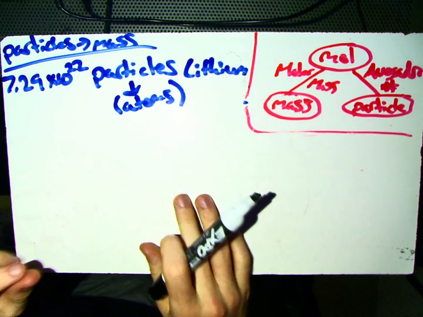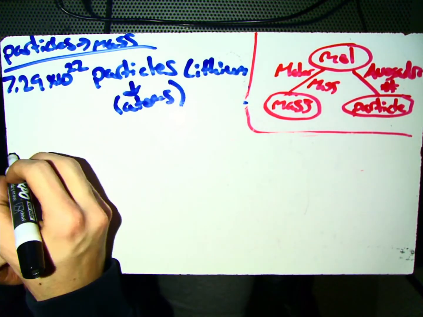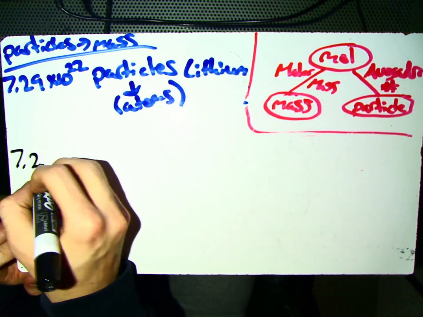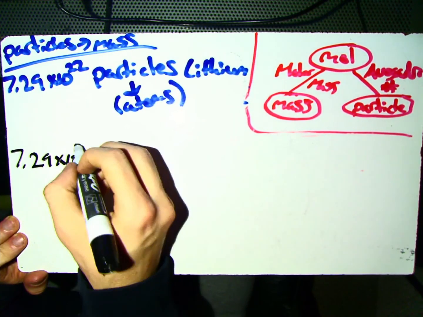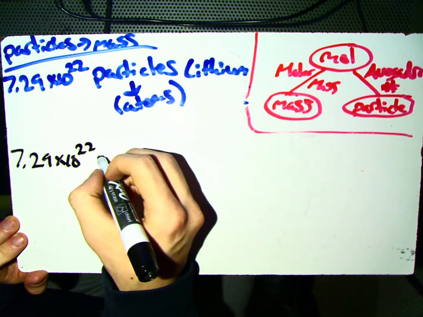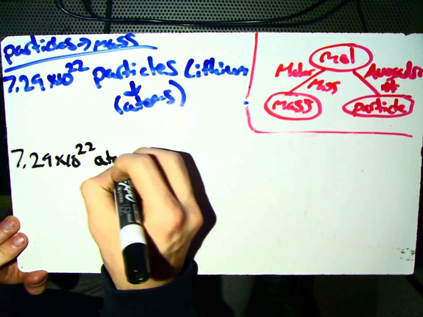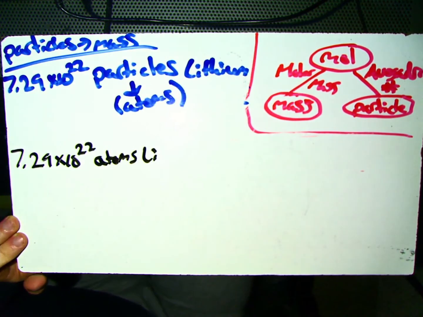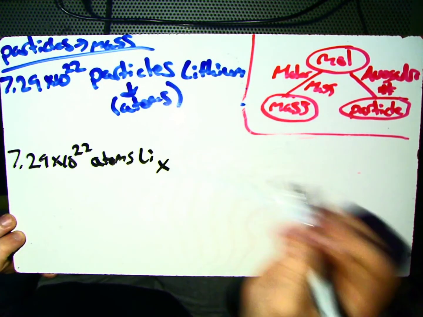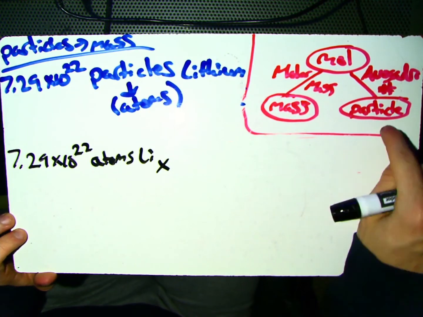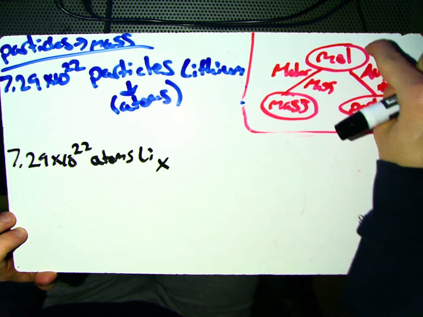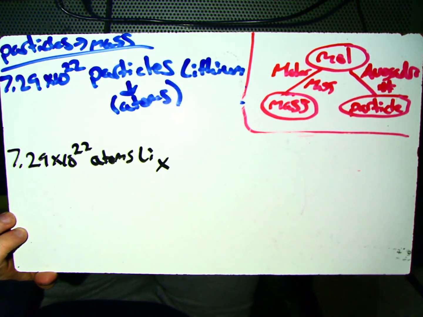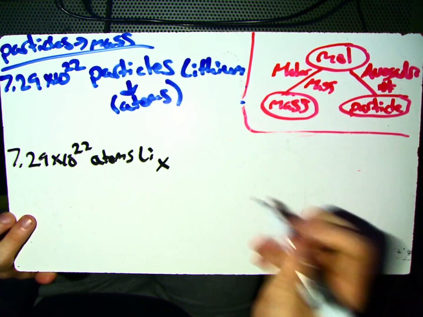So, let's start with our given. 7.29 times 10 to the 22 atoms of lithium. And we need to get that to what? We're starting with particles. We need to get it to moles, and we're going to use Avogadro's number to do that.